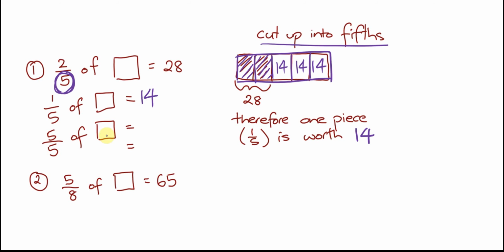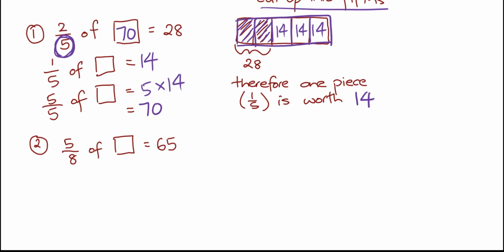Therefore, 5/5 of the total amount is 5 times 14, which is 70. So our original amount is 70.